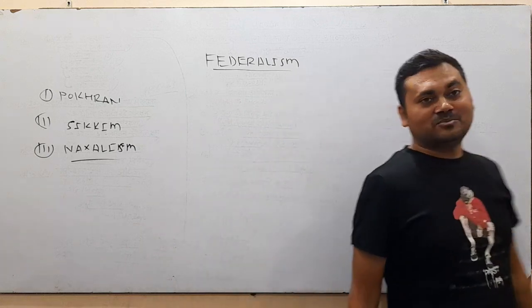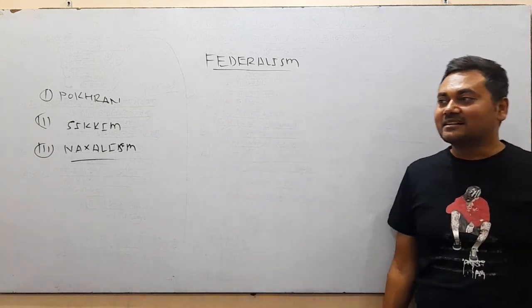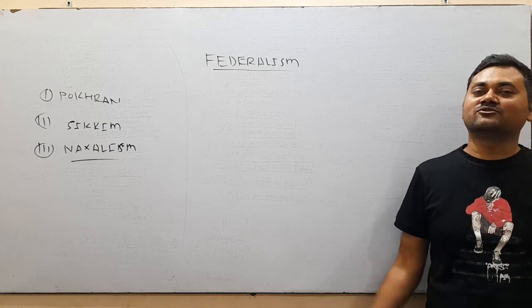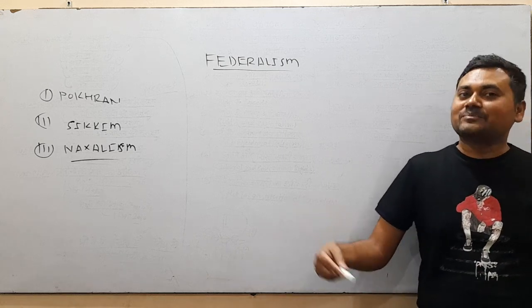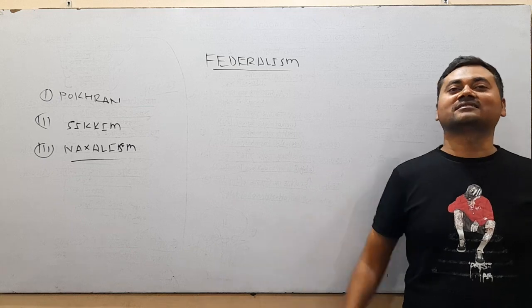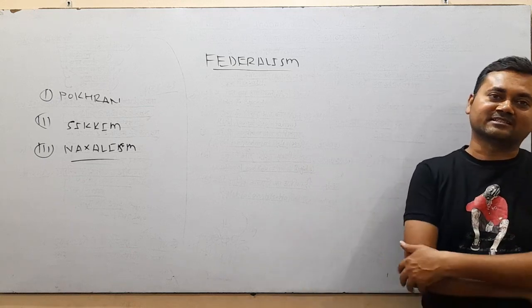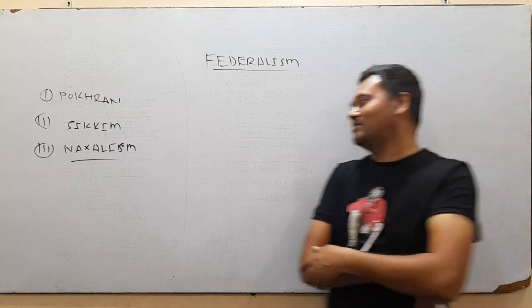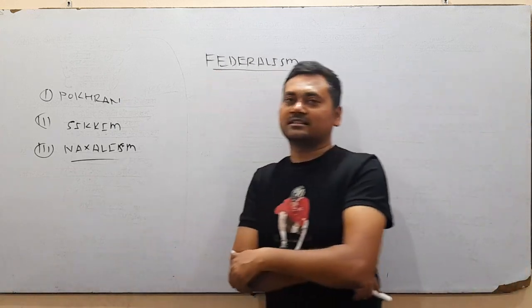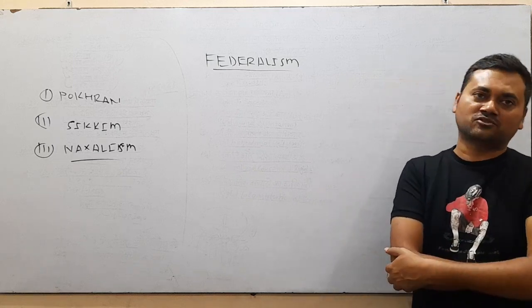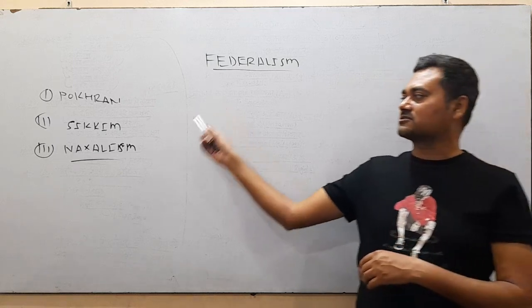But the government of India is interfering and saying that this policy is not appropriate. You please change this. In this manner, we can tackle the Naxalism problem in a much better sense. So all these situations are there, and we will understand the significance of federalism in context to these situations.